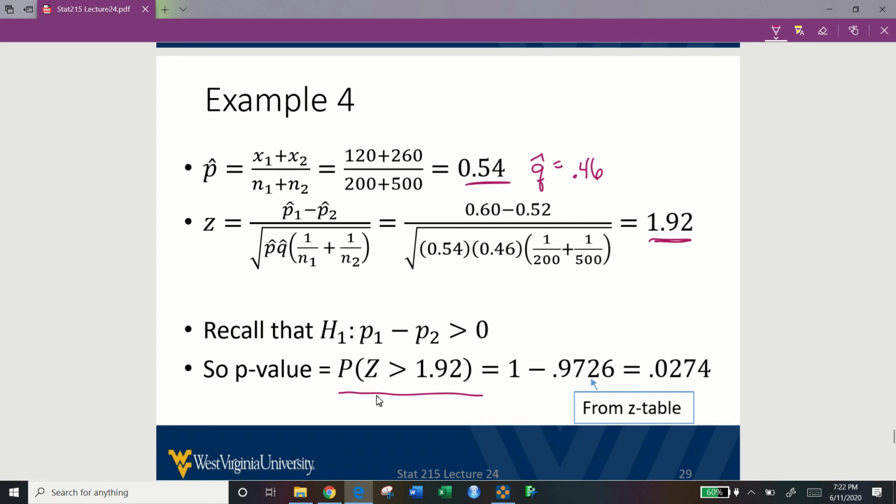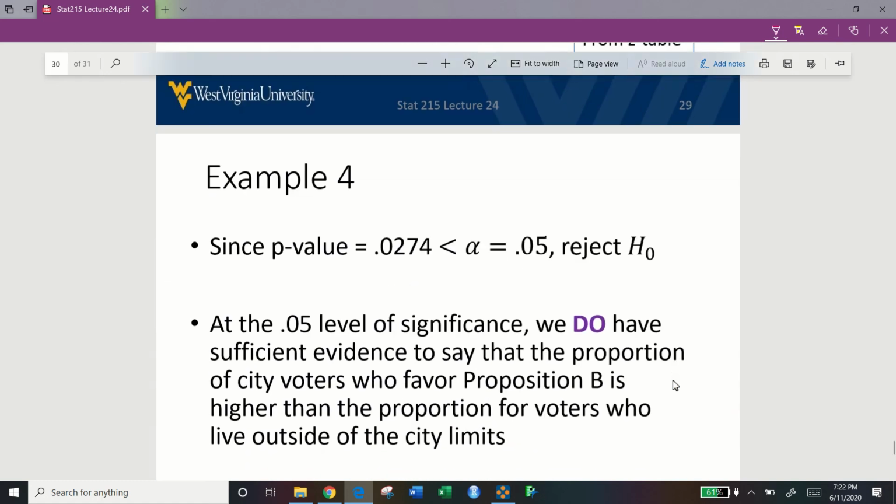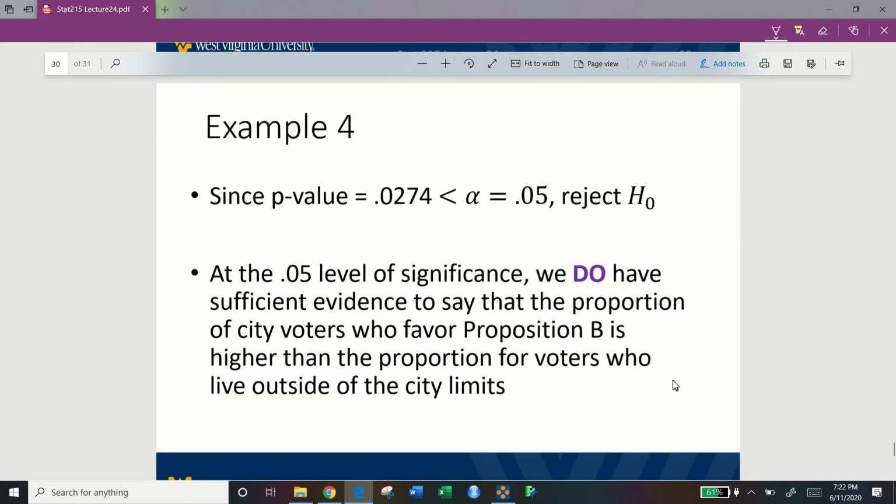Since we're going to have to use our z-table, unless we choose to use our z-statistics on StatCrunch, we will need to find the alternative, or the complement rule, and find 1 minus the probability of z less than or equal to 1.92. This will give us 1 minus 0.9726, or a p-value of 0.0274. Now we can go ahead and make our decision.